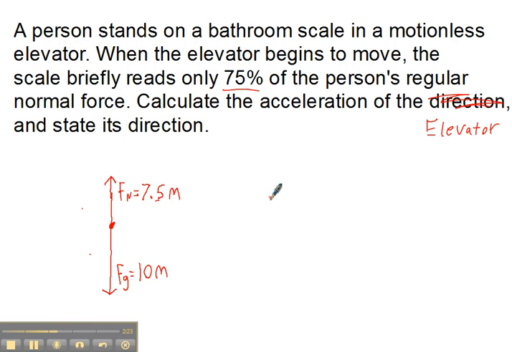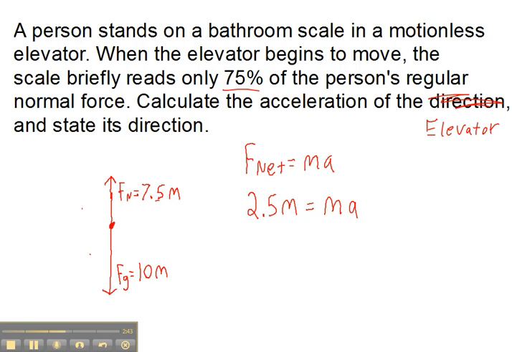All right, so the net force equals ma, and you know that the net force in this case equals 2.5m. It's the difference between these two, right? After you subtract the forces out, equals ma. And an amazing thing happens here.